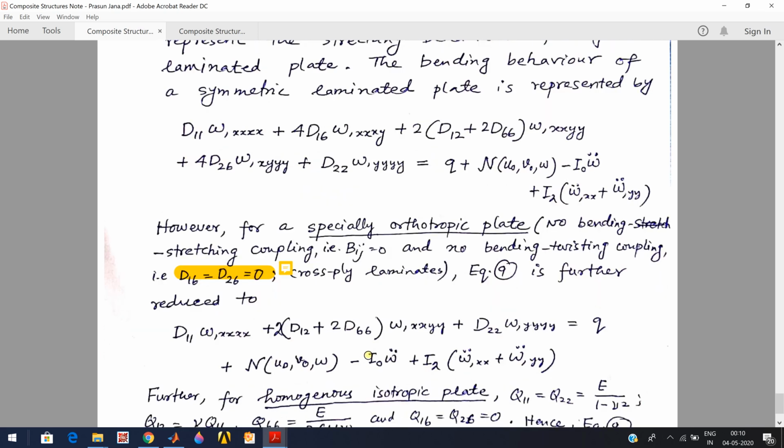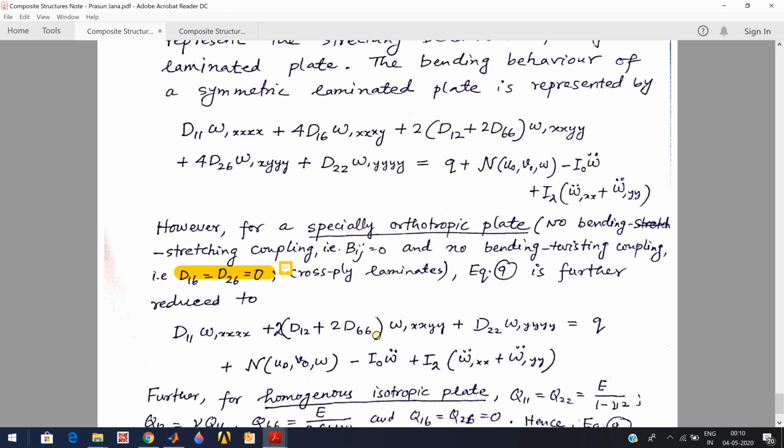And for those kinds of laminates, we see that the bending behavior of the plate, which is governing the transverse deflection of the plate, is reducing to this form.